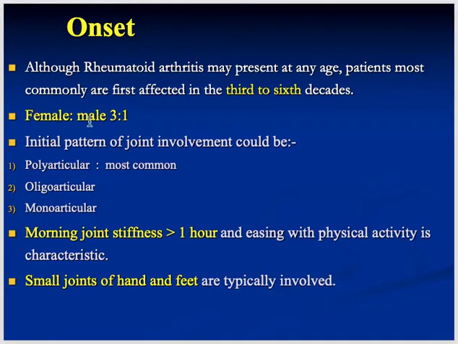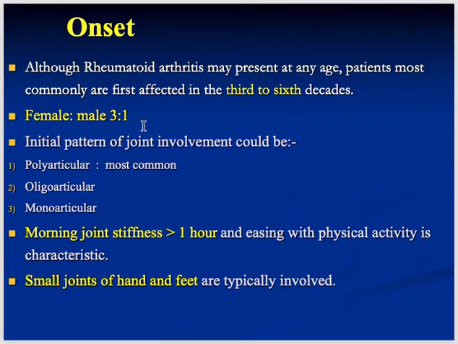The female to male ratio is 3:1. And not all, but many of the patients who get rheumatoid arthritis end up in permanent disability.